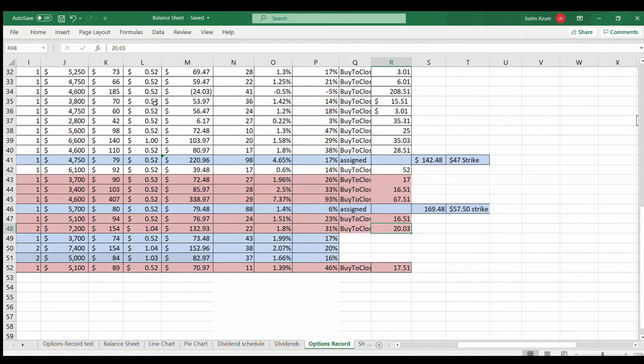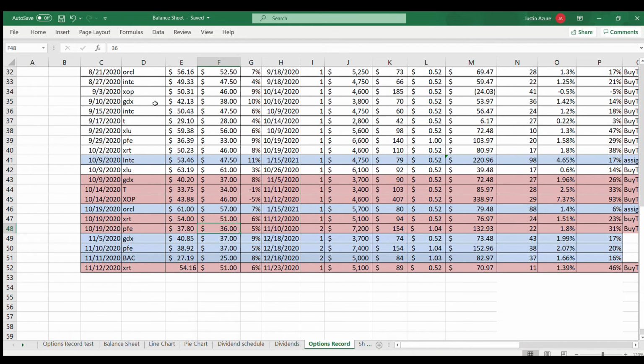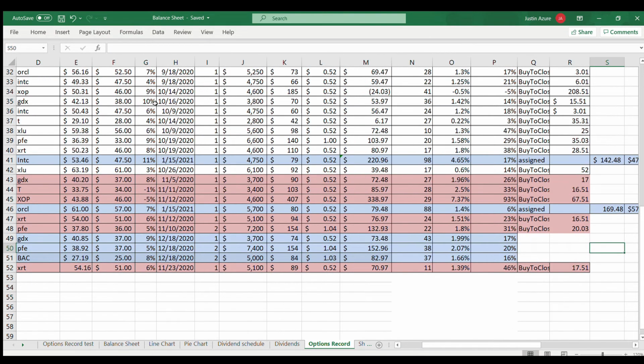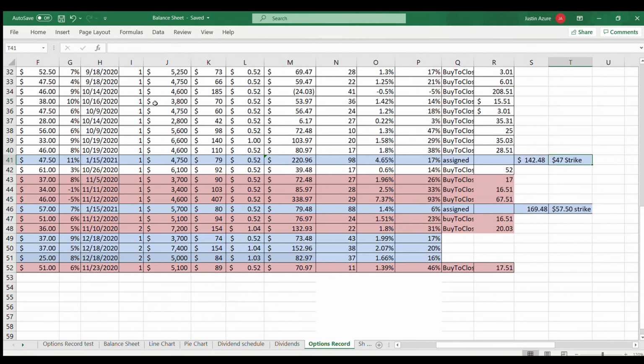My pink is what I've closed out this month, and I have to do it all manually. Not too much of it is automatic. And my blue, my short blues are puts that are open, and my long blues are covered calls.